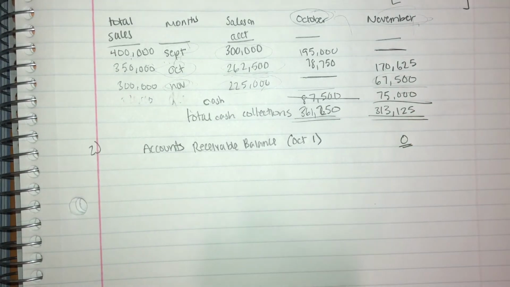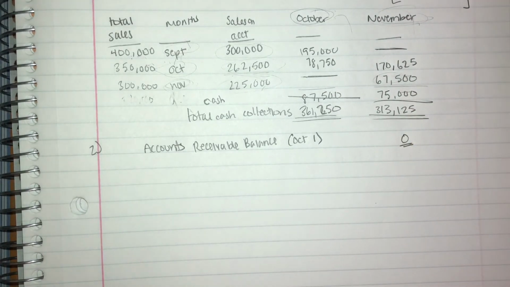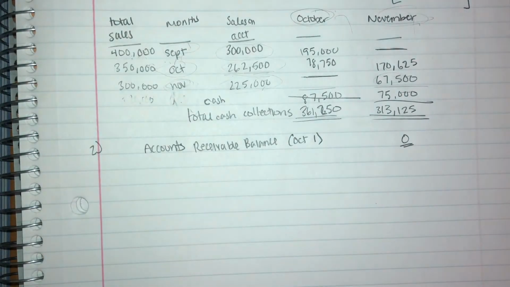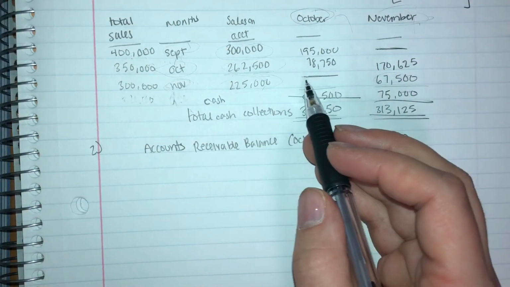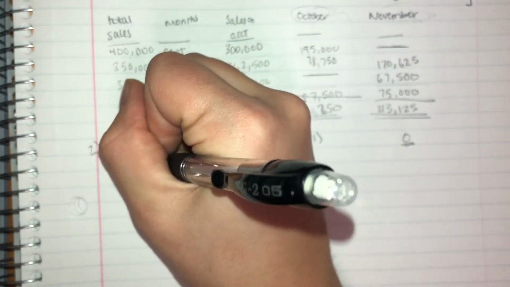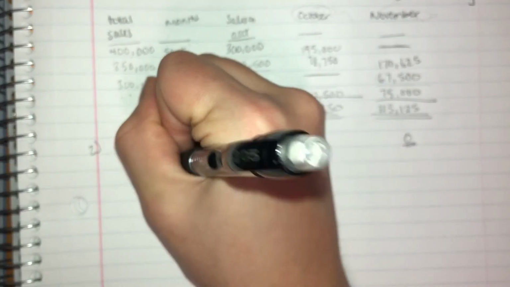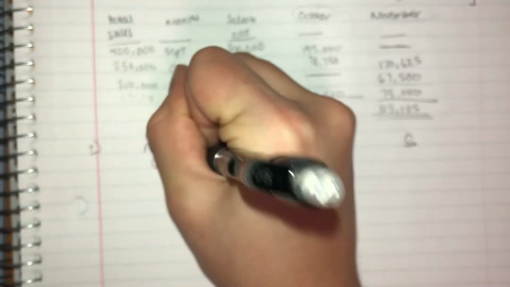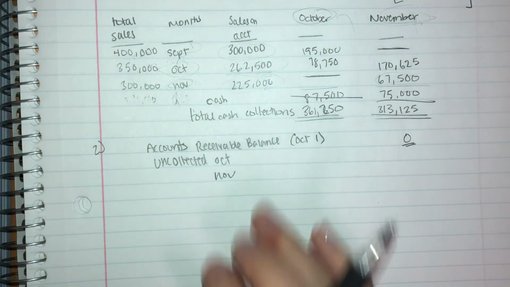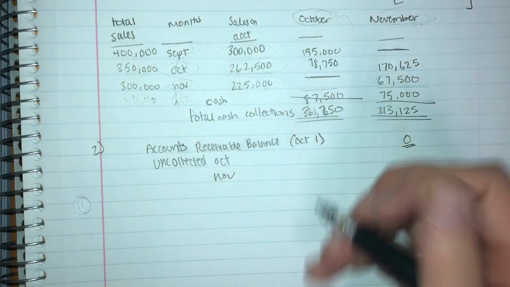We don't have any accounts receivable, again, because they told us that we wrote it off. So we don't have to worry about that. But we do have some things that we're expecting to collect from October and November still. So uncollected from October and November. I'm just not going to write it out, but I would write it out on your test.